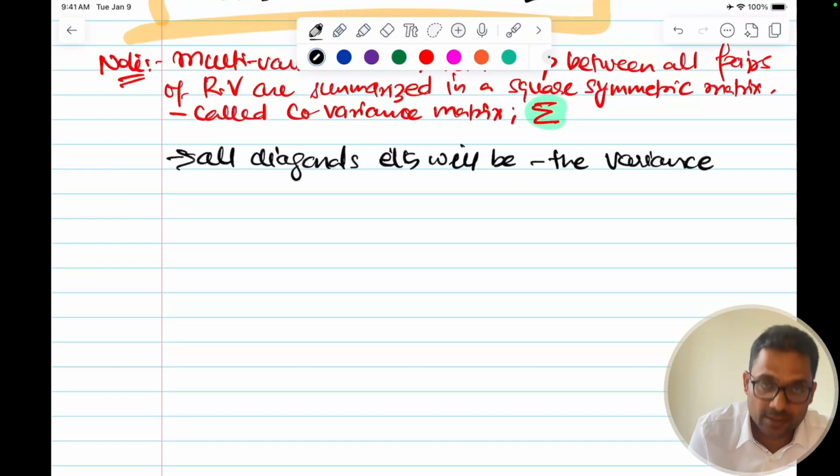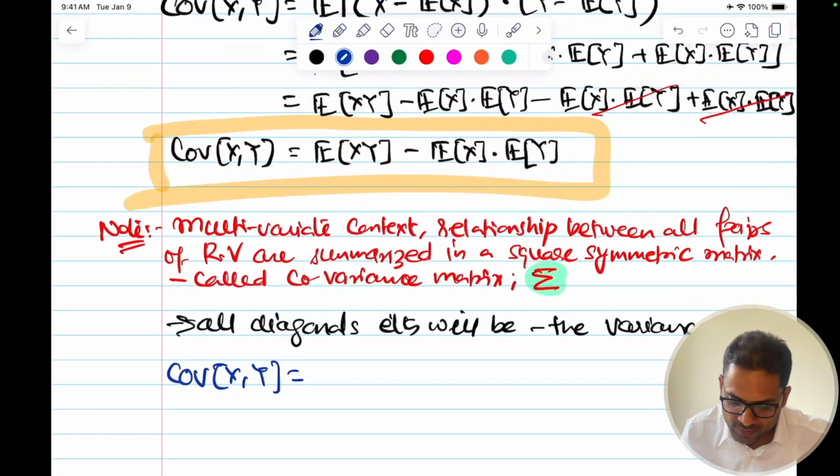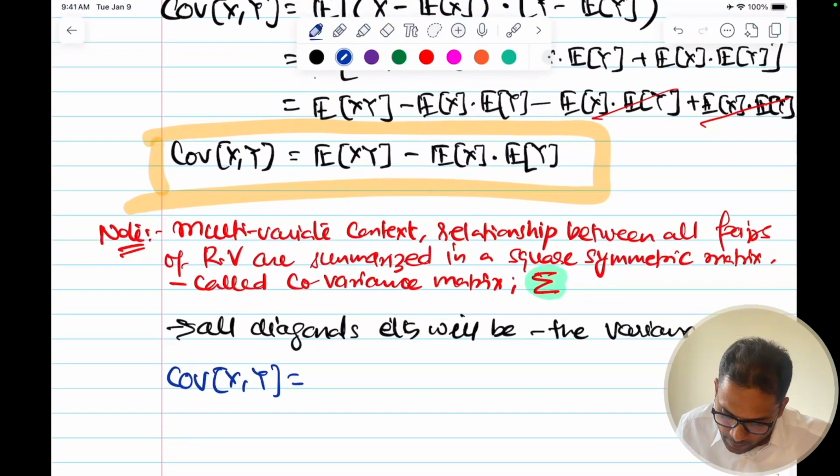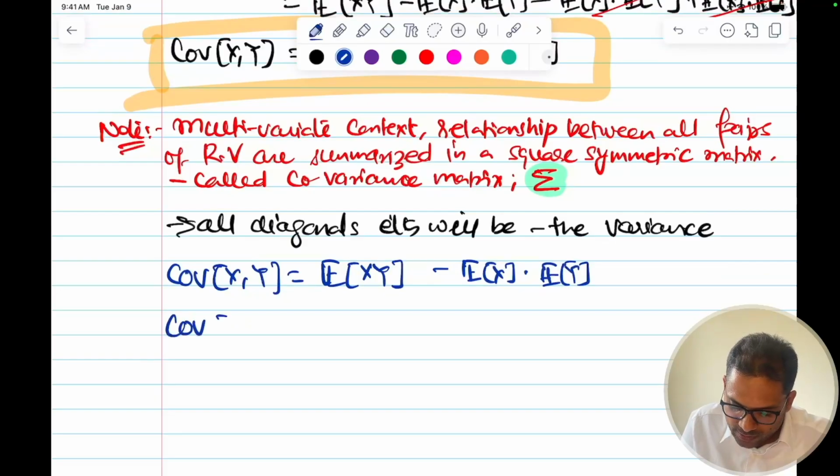How? Let's quickly do the math, for anyone who doesn't get it. We have seen covariance of x comma y is equal to expectation of xy minus expectation of x into expectation of y. So what will be covariance of x comma x?